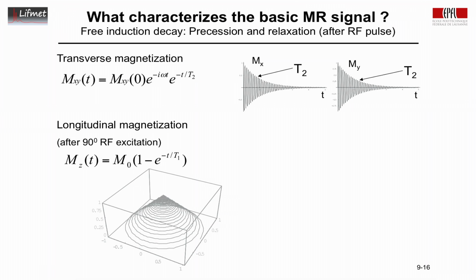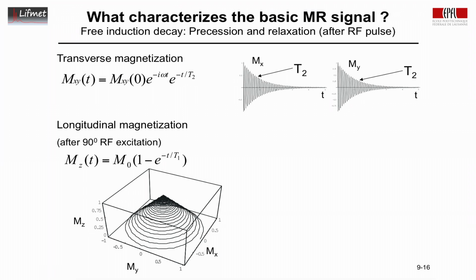So in the end, what we have is a complex description of the motion. We have the z component, which recovers towards M0. We have the x and the y component, which together means that the transverse component rotates in the transverse plane according to the Larmor equation and also decays exponentially.